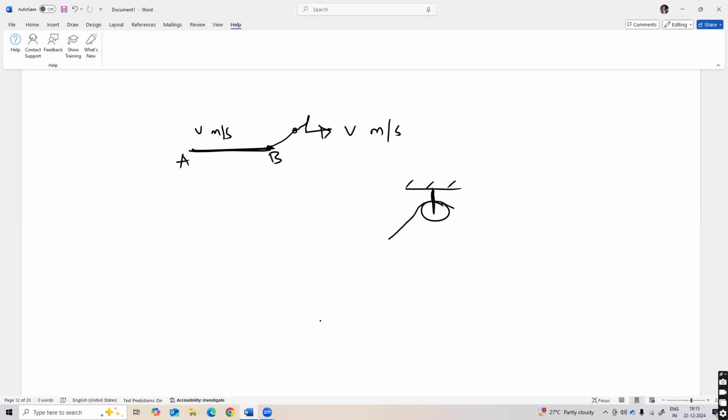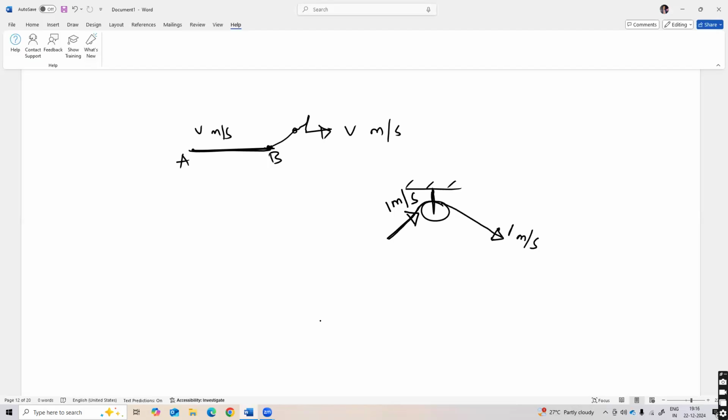If this is the rope and this point is moving with velocity 1 meter per second, then this point will also move by 1 meter per second in this direction, because if it is not moving with the same velocity, then the distances covered by these two ends of the string will be different and it will break.